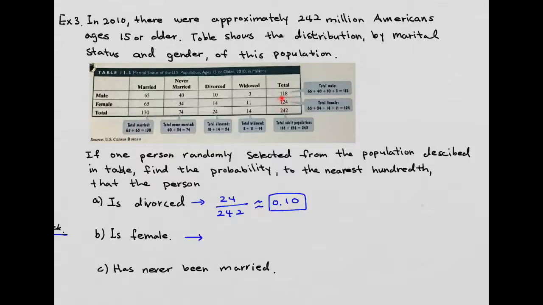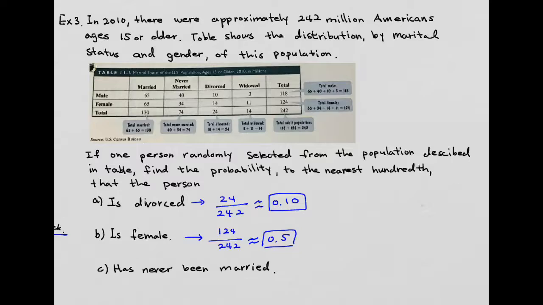So we're going to use the total right there, right? So it will be 124 over 242, which when you round, find the decimal, it will be 0.5. And it looks like about half, right? But they're not asking for percent, they're asking for probability, so it will be 0.5.